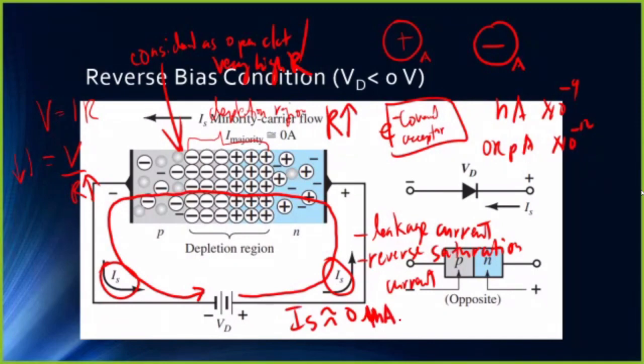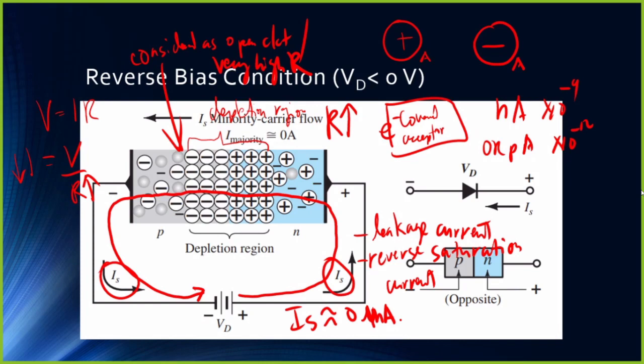Okay, dahil sa sobrang liit niya, pwede natin siyang approximate to 0. Practically, tatandaan nyo, practically, walang dumadaan na kuryente sa diode kapag naka-reverse bias. But in reality, merong dumadaan na kuryente sa diode kapag naka-reverse bias, sobrang liit lang.